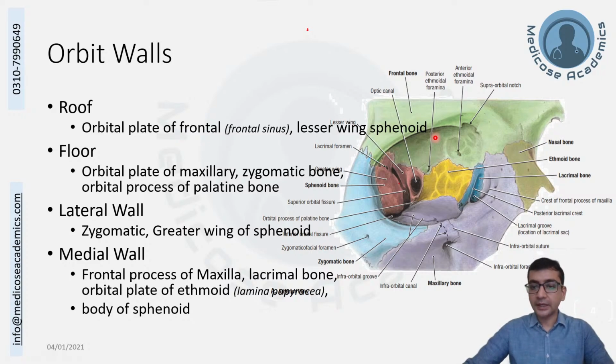It is paper thin, called lamina papyracea. And on the back, the body of the sphenoid bone that is present here majorly consists of this opening that is known as the optic canal.